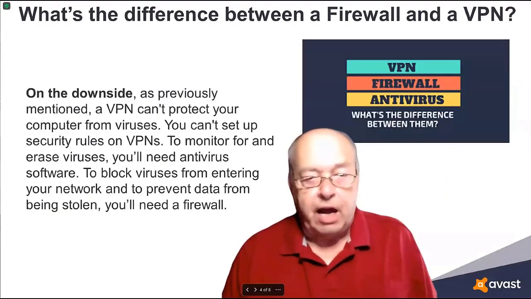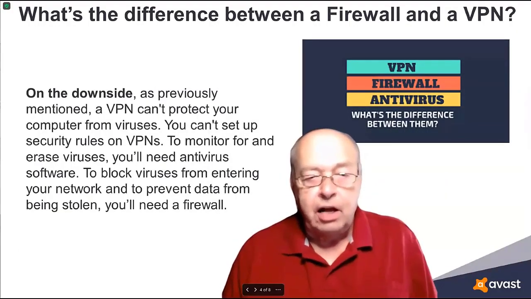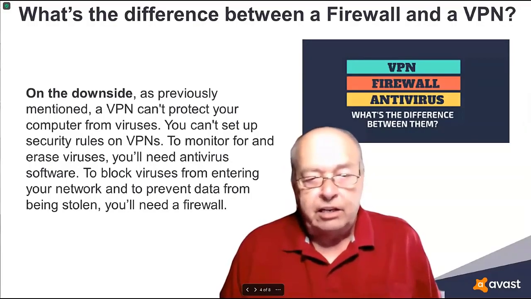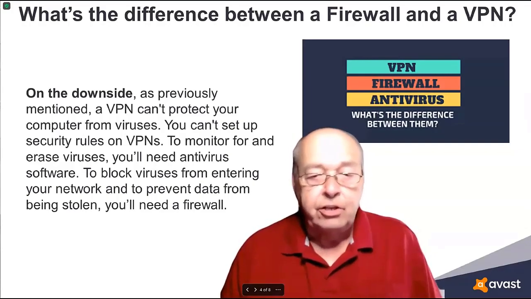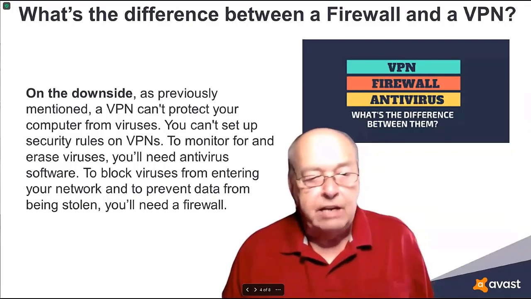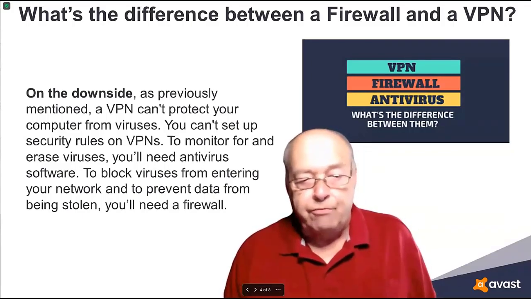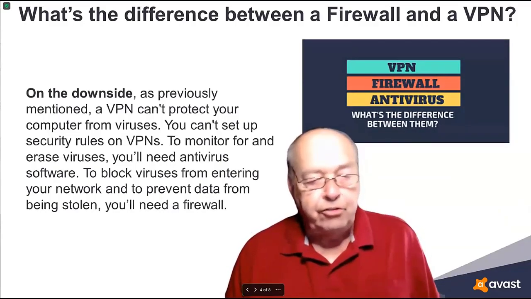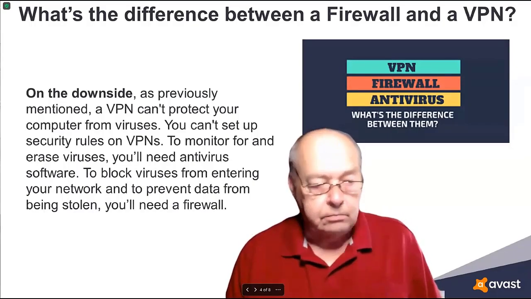On the downside, as previously mentioned, a VPN can't protect your computer from viruses. You can't set up security rules on VPNs. To monitor for and erase viruses, you'll need antivirus software. To block viruses from entering your network and to prevent data from being stolen, you'll need a firewall.